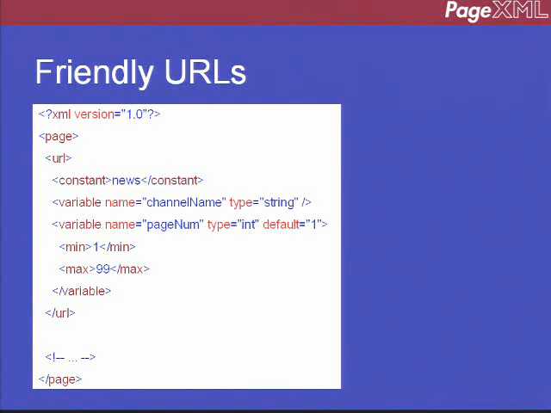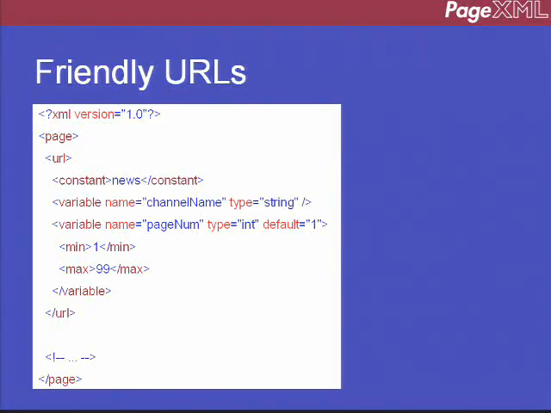So here's an example of a URL element used in a page. You can see that you have constant parts of the URL and variable parts, and they're typed. So for example, on this one the URL is news/channel name, which is a string, /page number, which is an int.